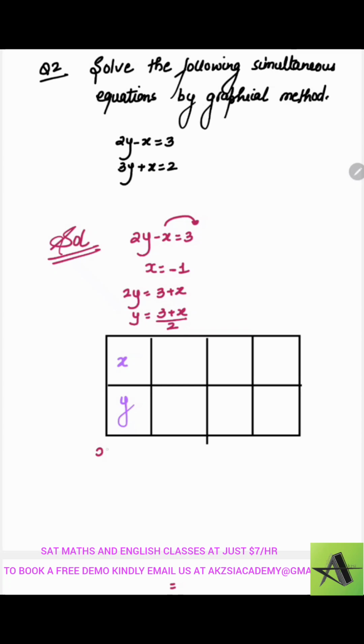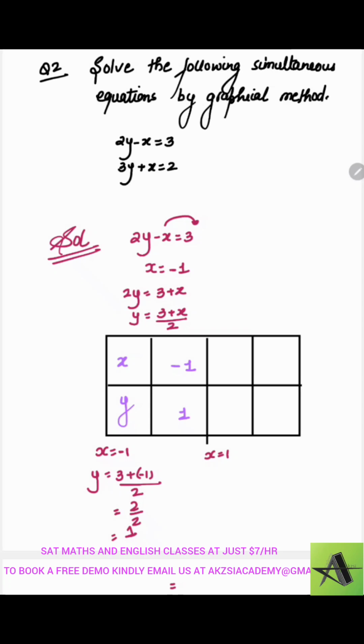So when x is equal to -1, y would be (3 plus -1) over 2. So 3 minus 1 is 2, and 2 over 2 is 1. That means at x equals -1, I'll get y as 1. For the next one, when x is equal to, say, 1, it's not necessary that you pick these values.